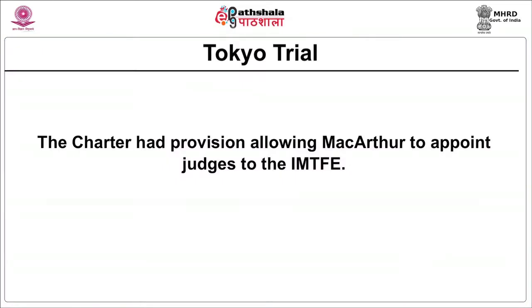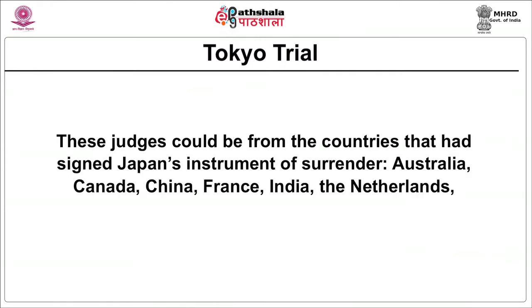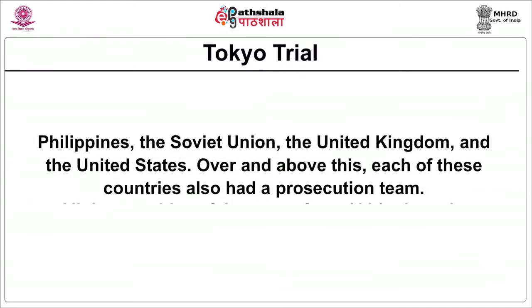The charter had provisions allowing MacArthur to appoint judges to the IMTFE. These judges could be from the states that had signed Japan's instrument of surrender. These were Australia, Canada, China, France, India, the Netherlands, Philippines, the Soviet Union, the United Kingdom, and the United States.